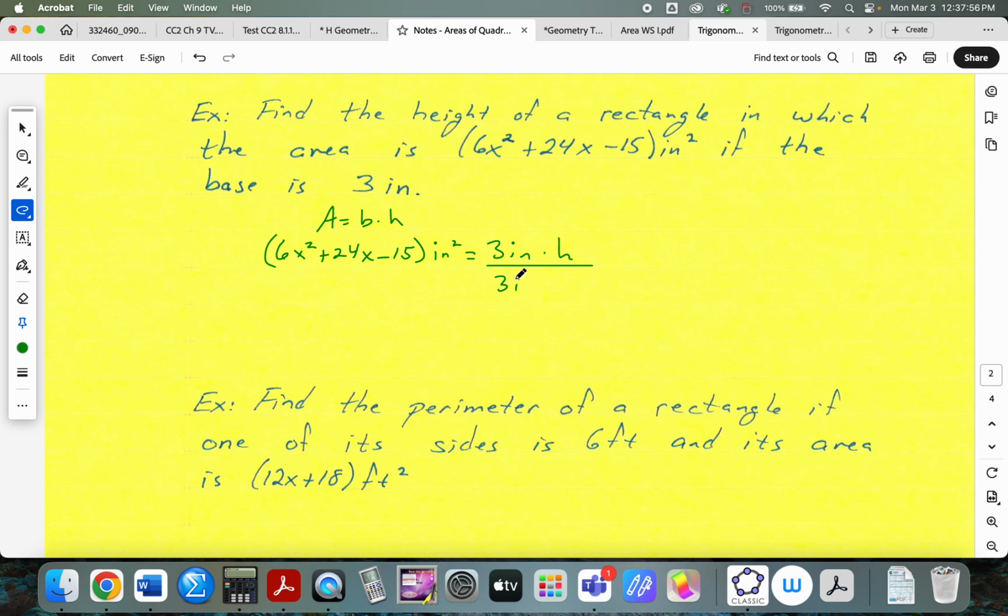Simply going to divide both sides by 3 inches. 6x squared divided by 3 is 2x squared. 24x divided by 3 is 8x. And negative 15 divided by 3 is negative 5. Then the units, inches squared divided by inches, is inches.